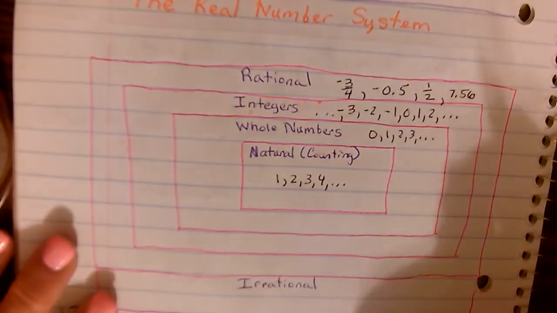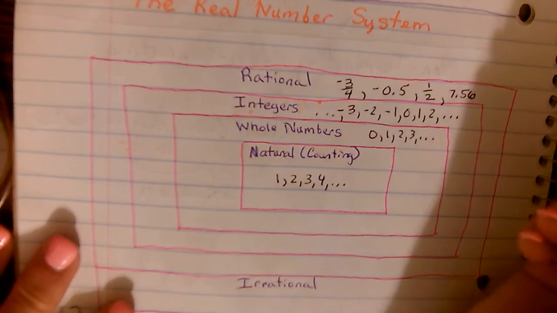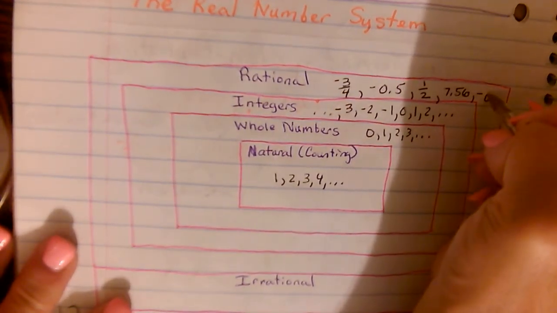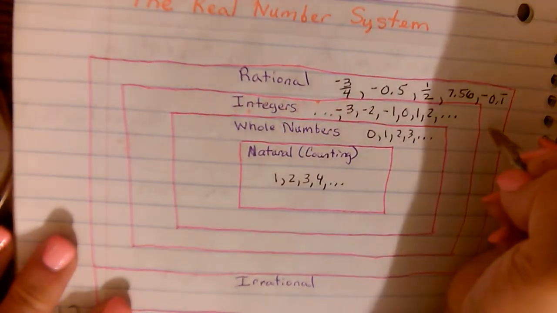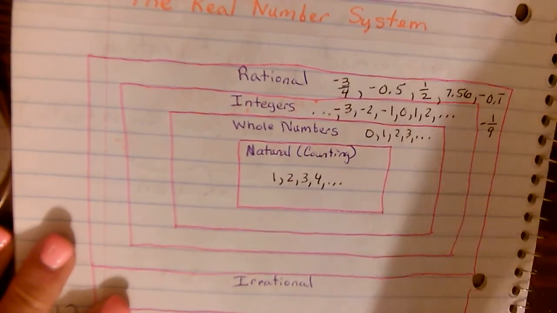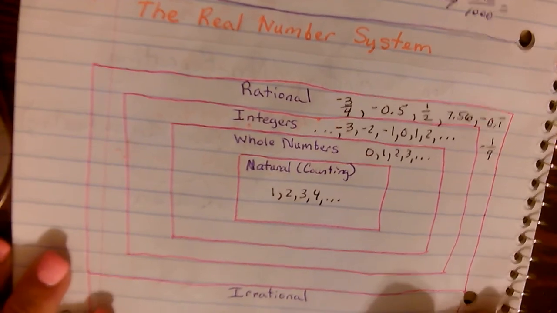And other numbers could be many other things like -0.1 repeating, like -1/9. So rational numbers can still be written as fractions and decimals.